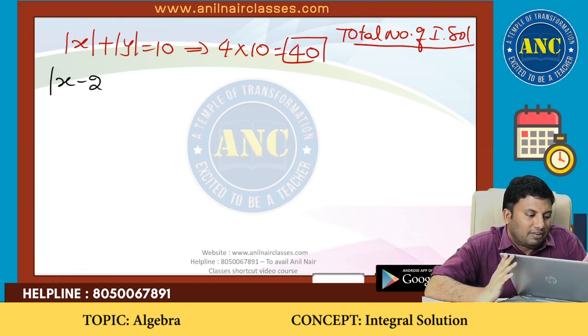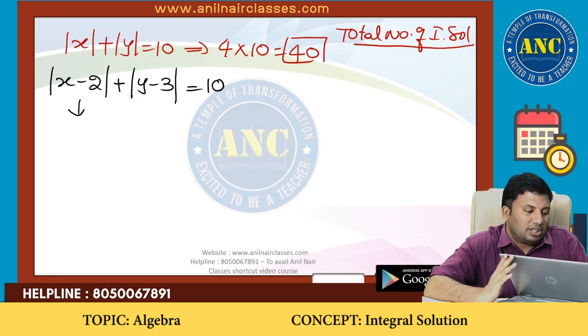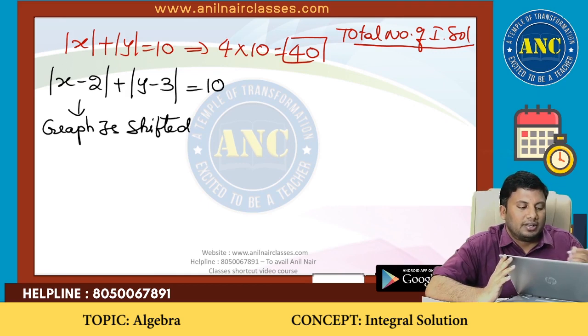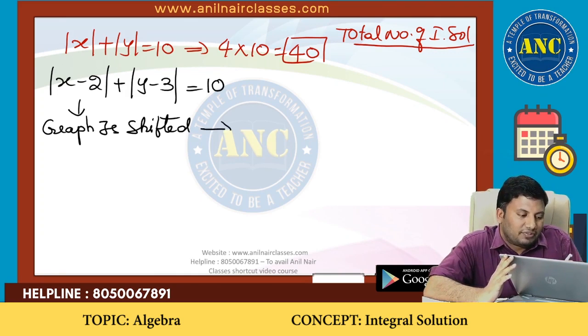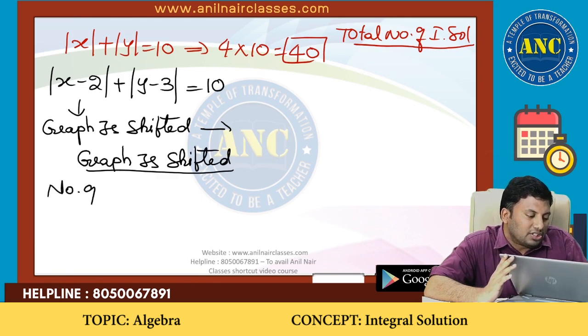Find the number of integral solutions for mod x minus 2 plus mod y minus 3 equivalent to 10. This is nothing but the graph shifted. If the graph is shifted by 2 and 3 units, the number of integral points does not change.